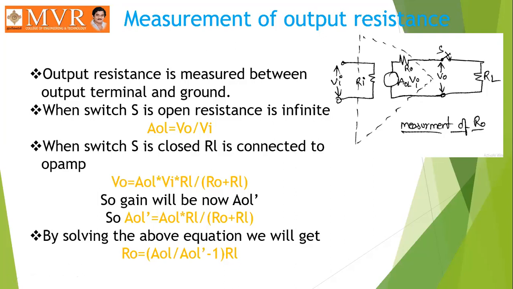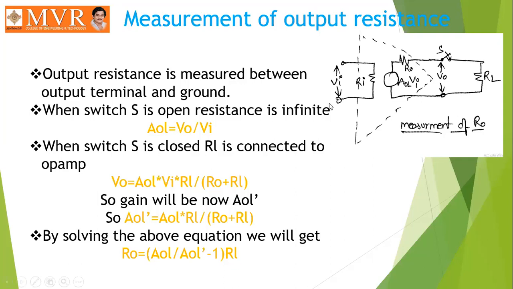By connecting this load resistance, the gain will change, so we consider the new gain as AOL dash. Bringing the input voltage VI to the left hand side, it becomes V0 by VI, which is the new gain AOL dash.